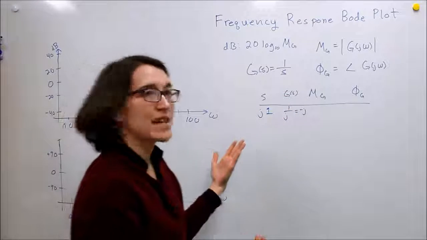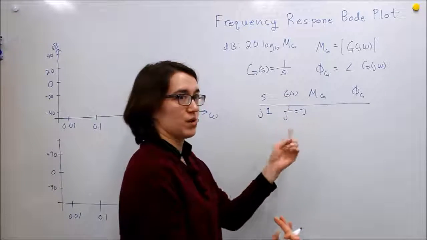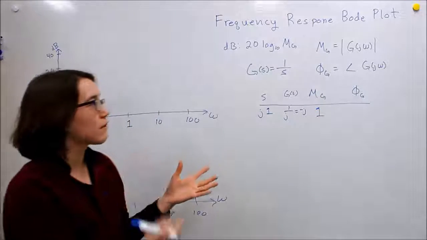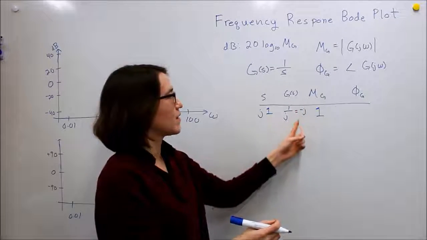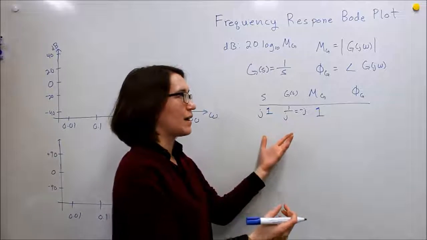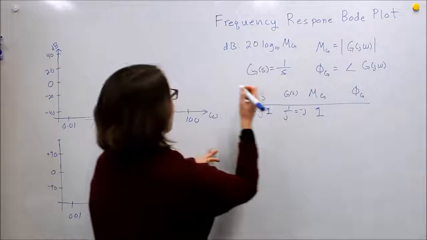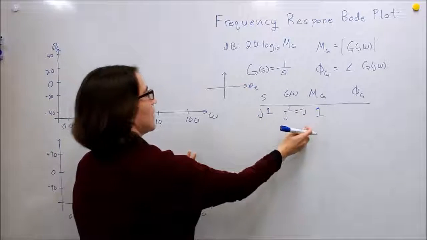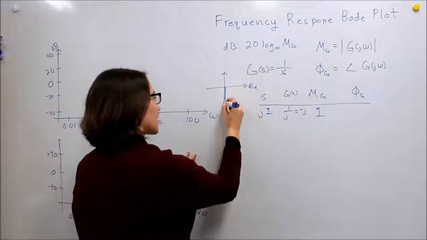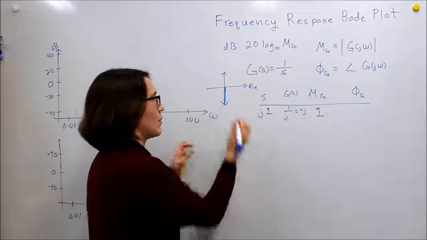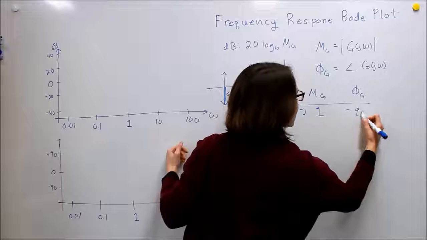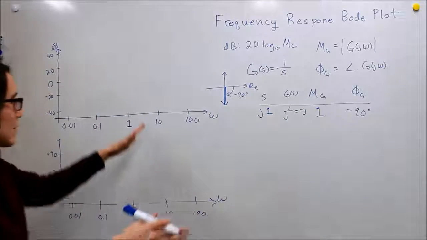And now if we look at the magnitude of that, it's only just a 1. And if we look at the phase of negative j, if we look back at our axis, on our imaginary and real, negative j is pointing in the downward direction, so that's going to be negative 90 degrees. Okay, so let's plot that point.